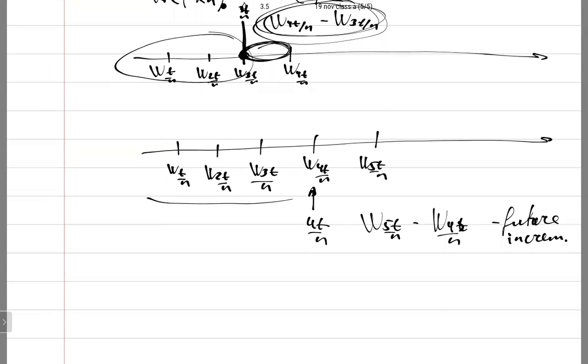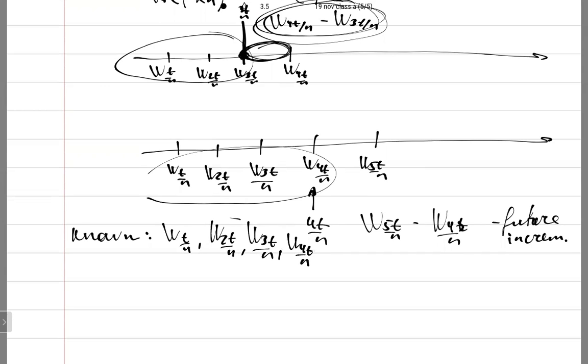And these are known random variables for me: WT over N, W2T over N, W3T over N, W4T over N. So these are known random variables at this time.